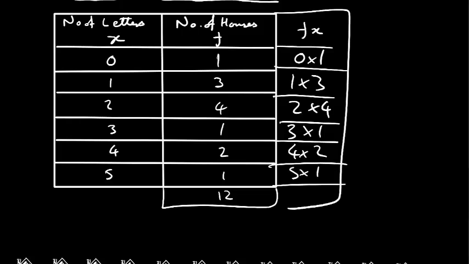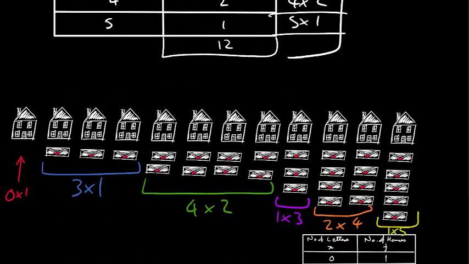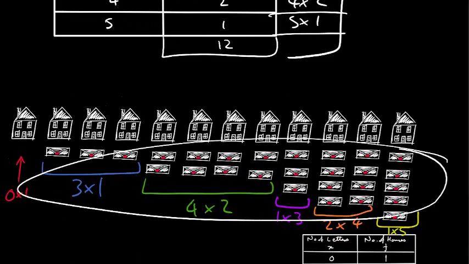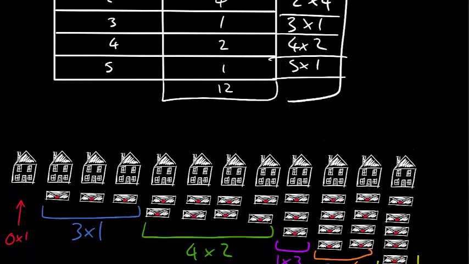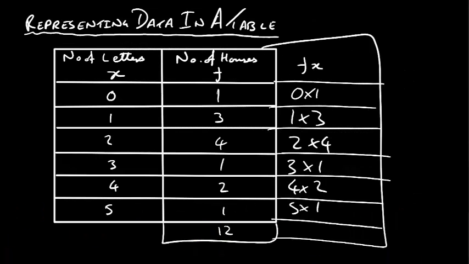Because what this does is it gives us the total number of letters that we're looking at in total, which in this case works out to be 27. If you work it all out, we have 0 times 1, which is 0, 1 times 3, which is 3, 2 times 4, which is 8, 3 times 1, which is 3, 4 times 2, which is 8, 5 times 1, which is 5.